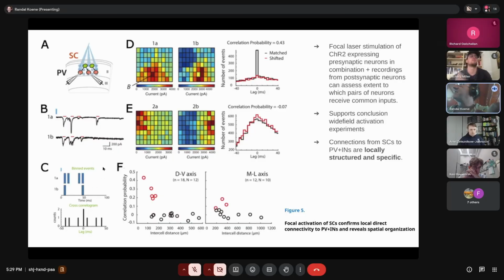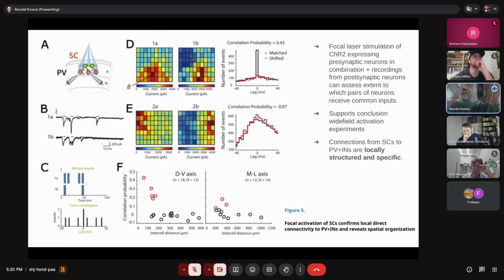And in C, this is giving us an indication of how they carry out the temporal binning for the results that they're showing us. But we can skip straight on to these heat maps. I think this is the more interesting insight. So what they did here is look at the current amplitudes at different stimulation locations for that focal activation for cells 1A and 1B.